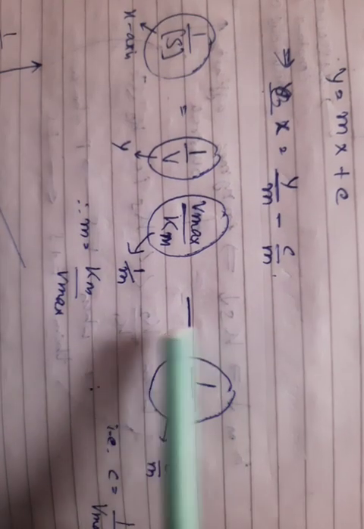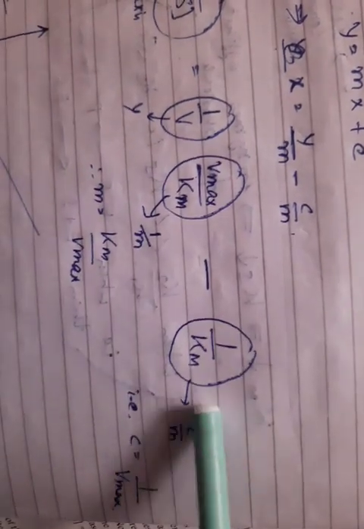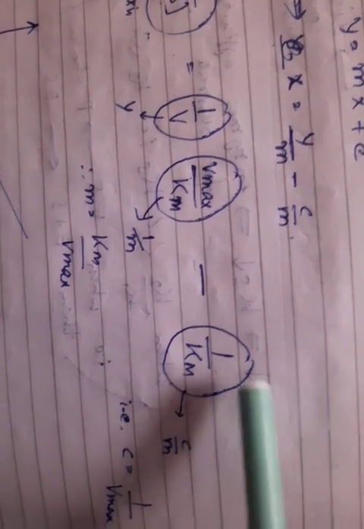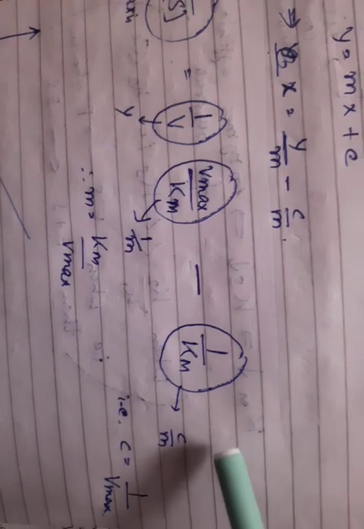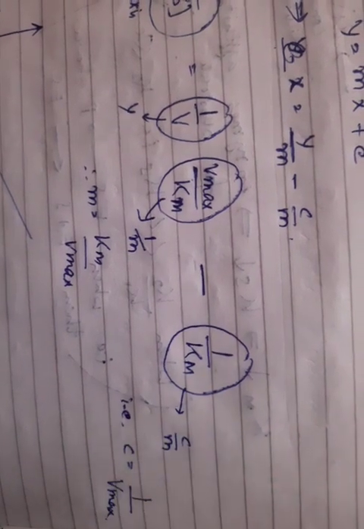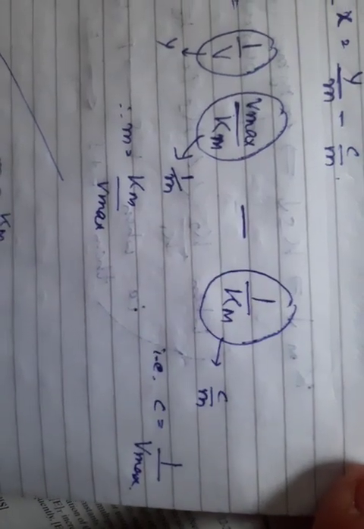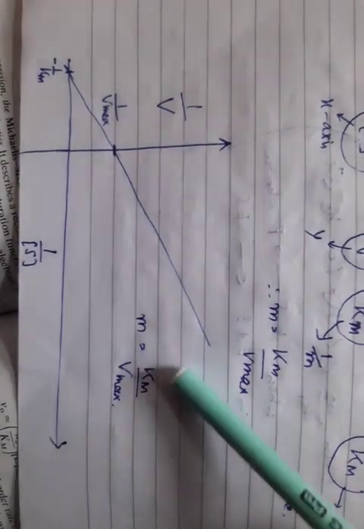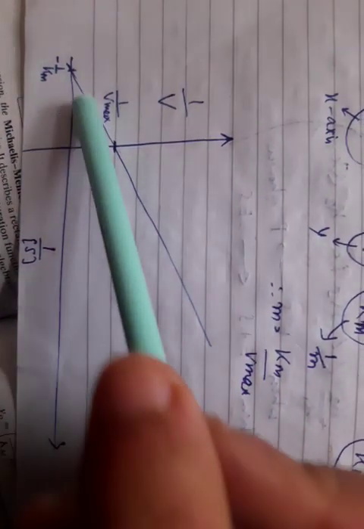So the slope is this, and this is the y-intercept. The y-intercept is 1 by Vmax. So here we get this. Since the y-intercept is 1 by Vmax, the slope is this, and this is the x-intercept.